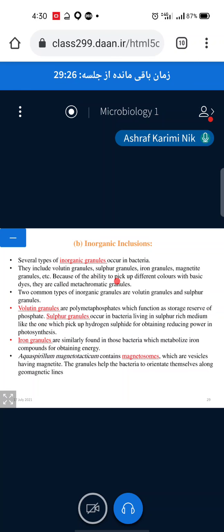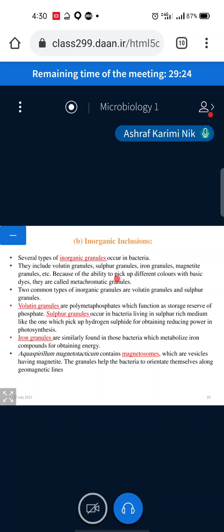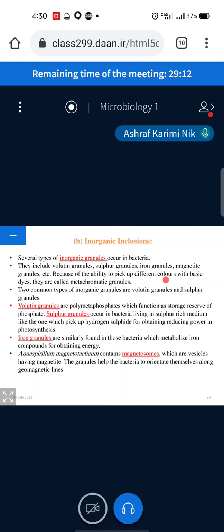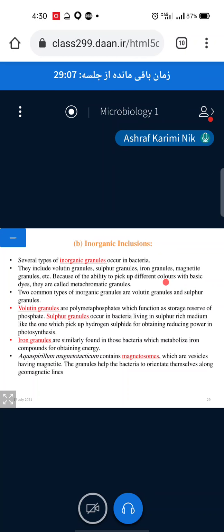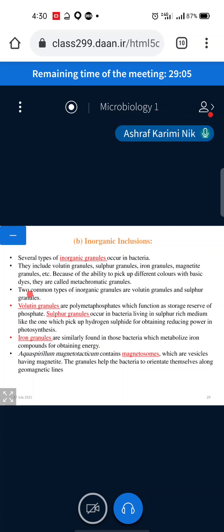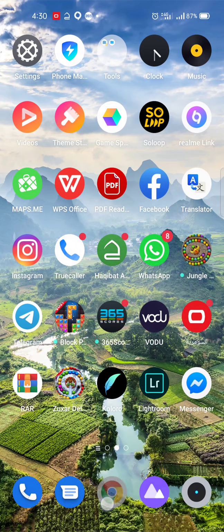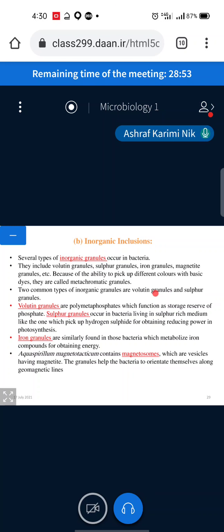Because of the ability to pick up different colors with basic dyes in different environments, they are called metachromatic granules. Two common types of inorganic granules are volutin granules and sulfur granules.